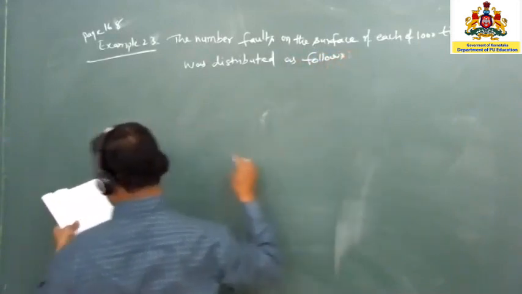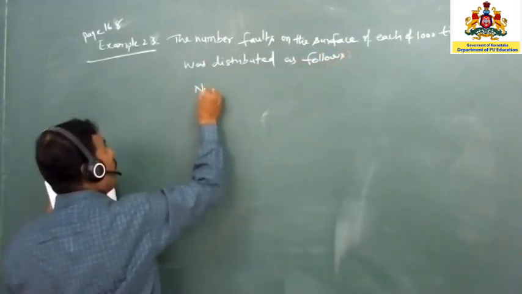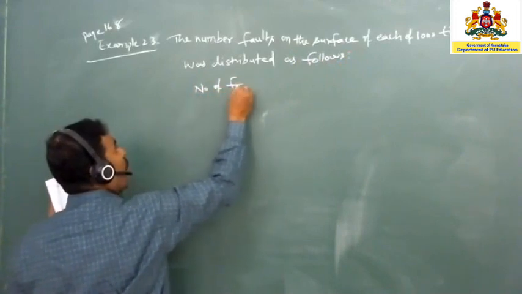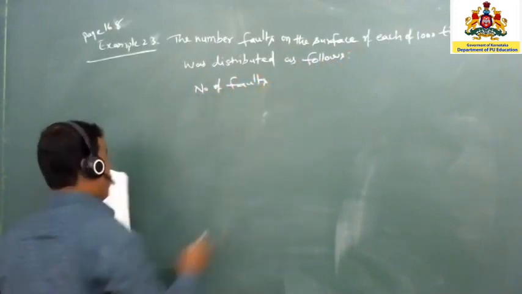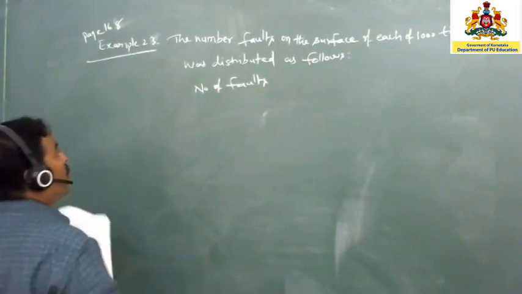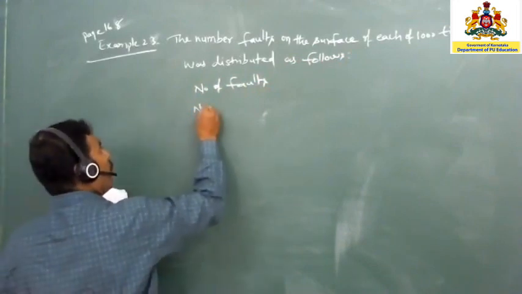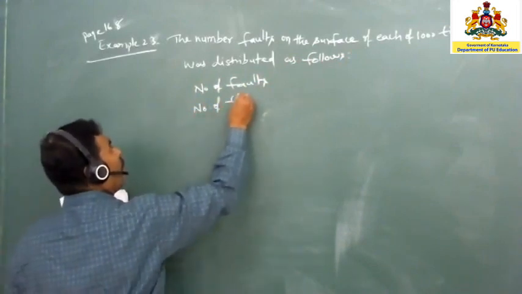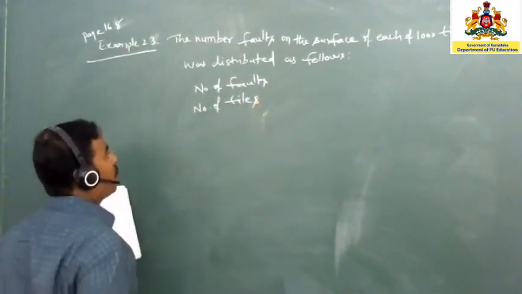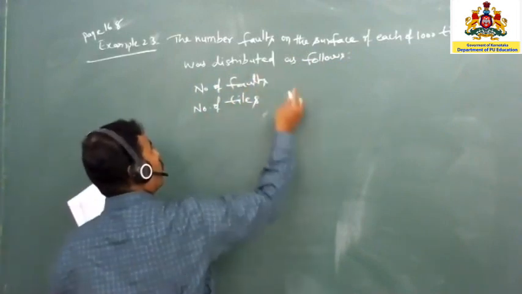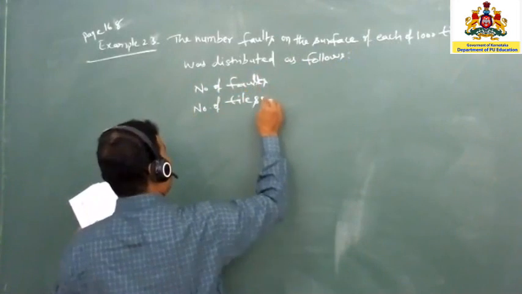So the distribution is given: number of faults and number of tiles.